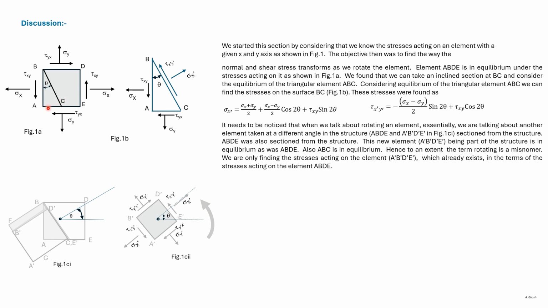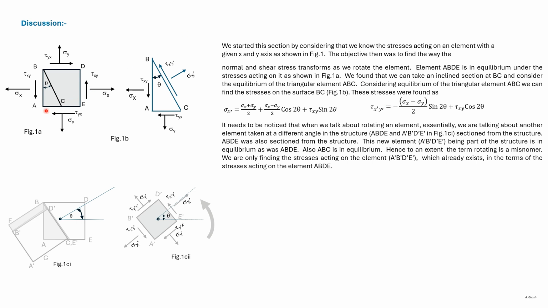Earlier we considered an element with the stresses acting on it known. We then found the stresses acting on the element after it has been rotated by theta degrees in the counterclockwise direction. So these were the equations obtained.